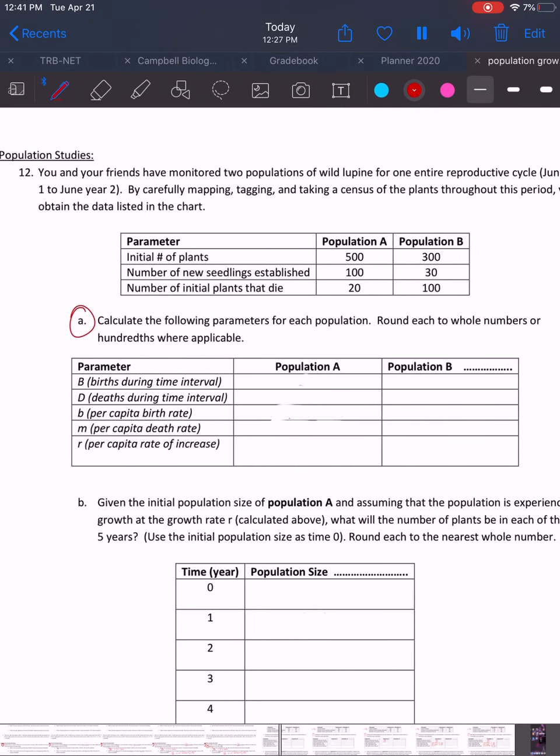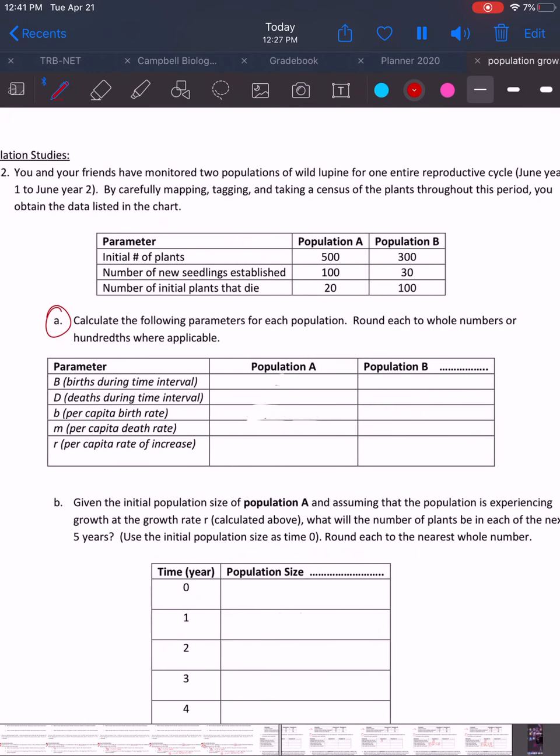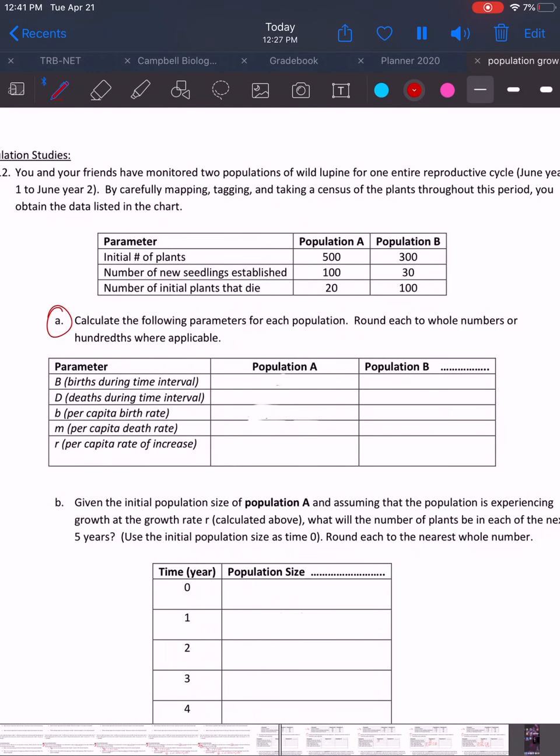It says you and your friends have monitored 2 populations of wild lupine for 1 entire reproductive cycle, so June year 1 to June year 2, by carefully mapping, tagging, and taking a census of the plants throughout this period. You obtain the data listed in the chart. So here's the chart that they give us.